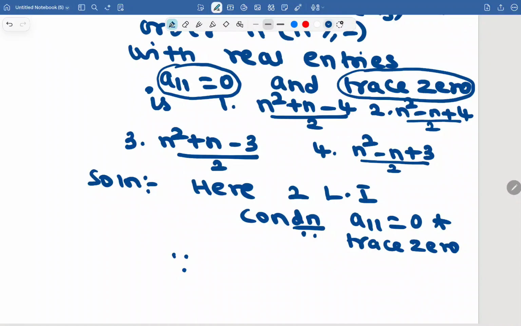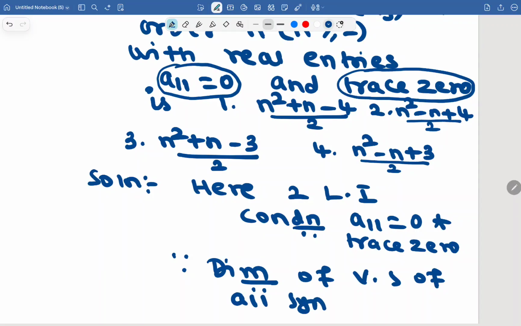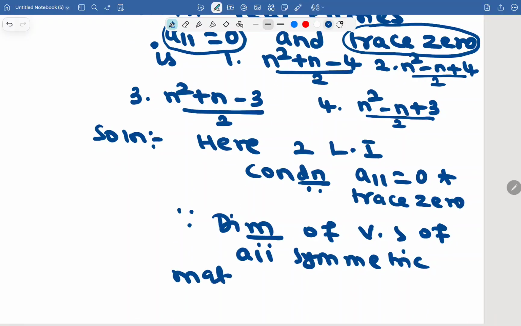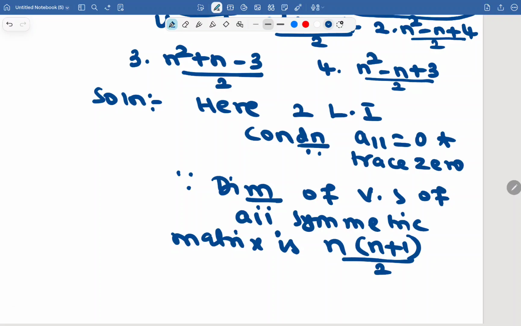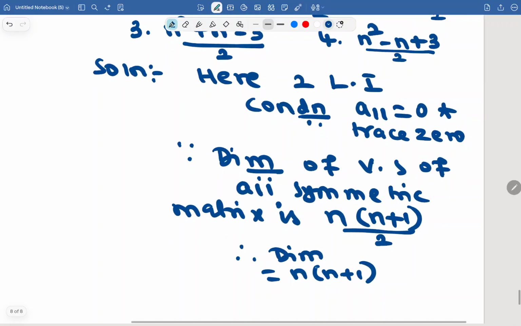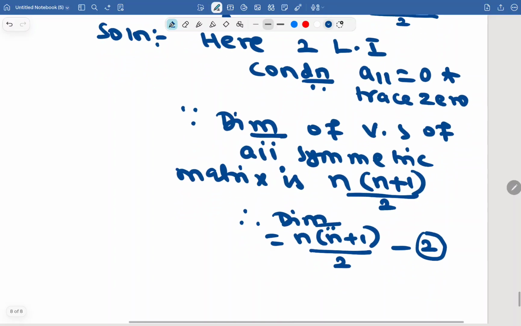Since we know very well the dimension of the vector space of all symmetric matrices is n into n plus 1 by 2, and since we are having two conditions, therefore dimension is n into n plus 1 by 2 minus 2, the number of conditions.